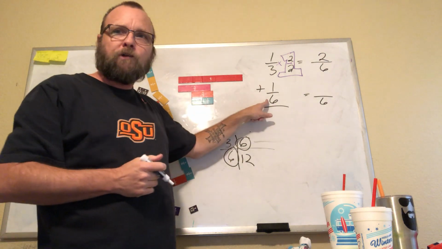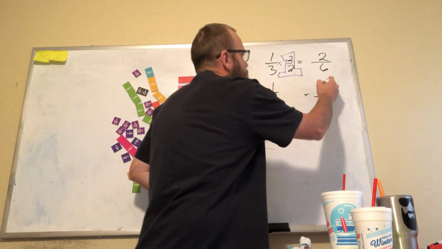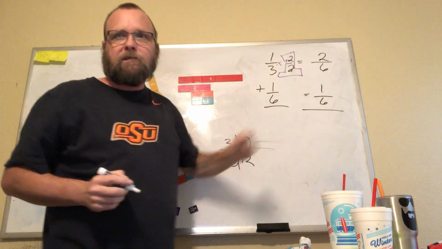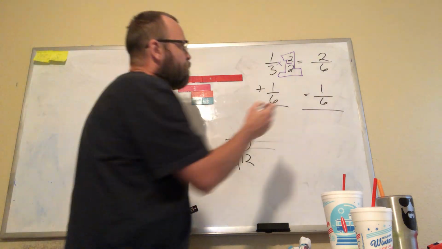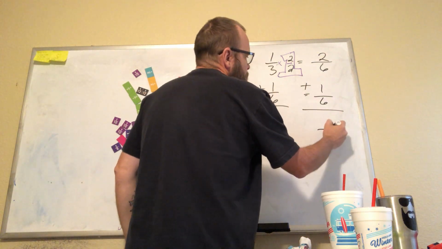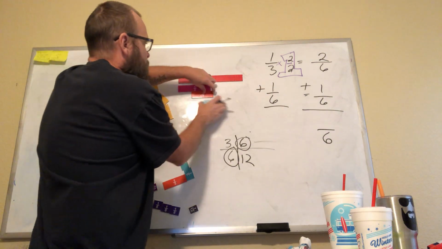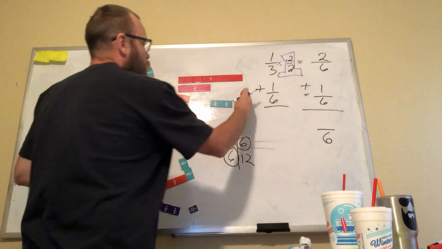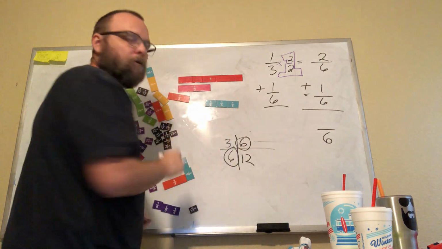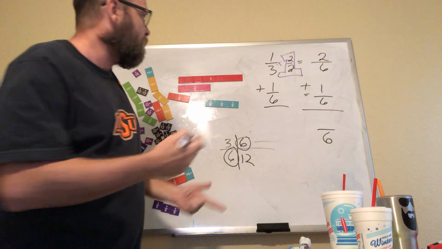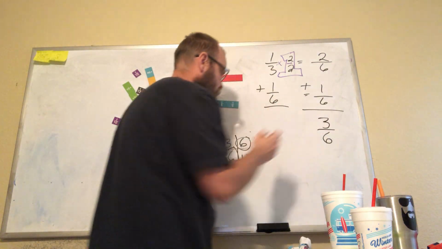This one's already over 6, so I'm going to leave it like it is. Now I can add 2/6 and 1/6 because they have the same denominator. When I do that, the denominator stays 6, because if I took 2 sixths and add 1 sixth to it, it's still sixths. They're still breaking into 6 pieces, but it becomes 3/6 now.